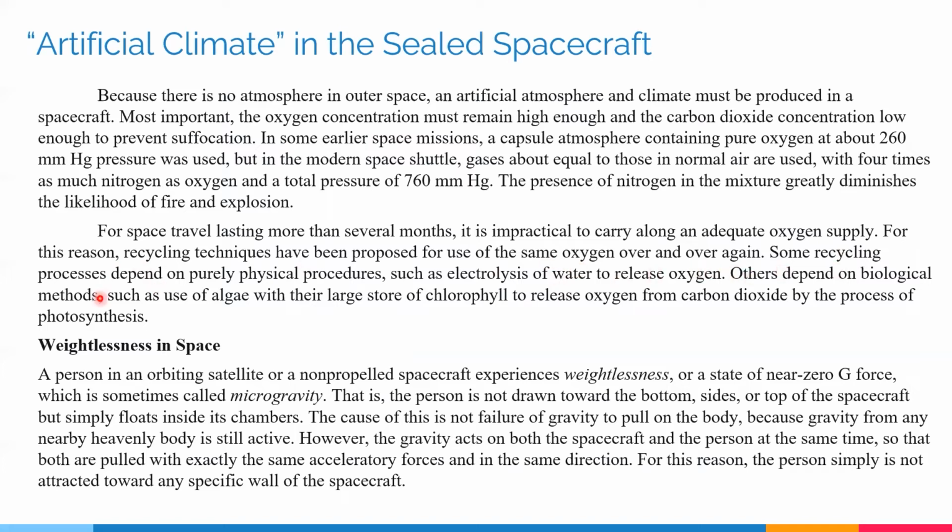Some recycling processes depend on purely physical procedures such as electrolysis of water to release oxygen, whereas others depend on biological methods such as use of algae with their large store of chlorophyll to release oxygen from carbon dioxide by the process of photosynthesis.